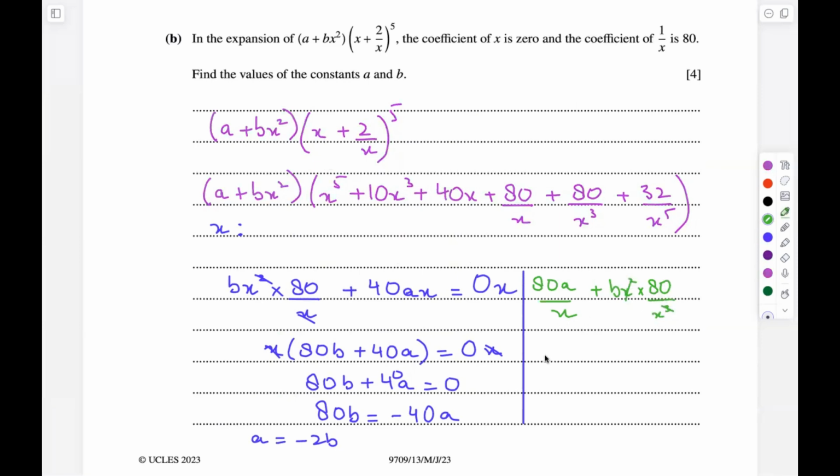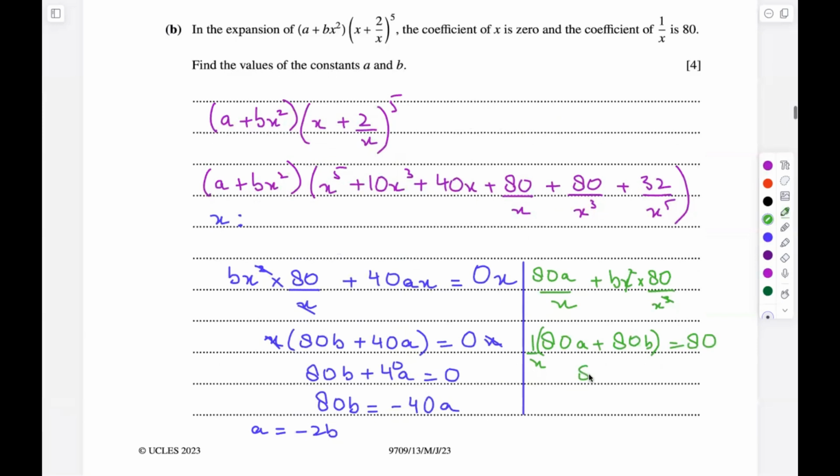So that will become (80a + 80b) times 1/x, and that is equal to 80. So another equation that we have is 80a + 80b = 80, or if we divide the whole equation by 80, a + b = 1.